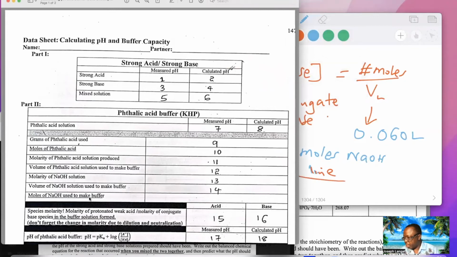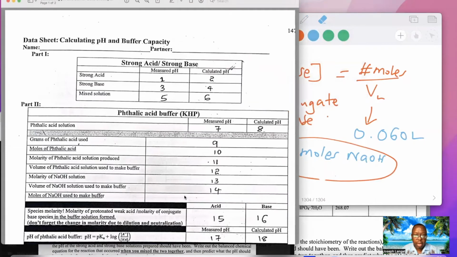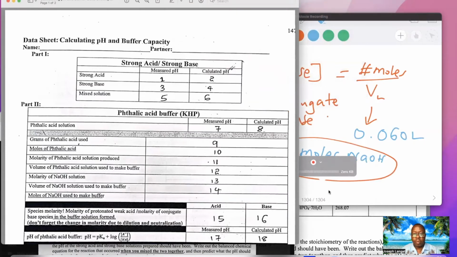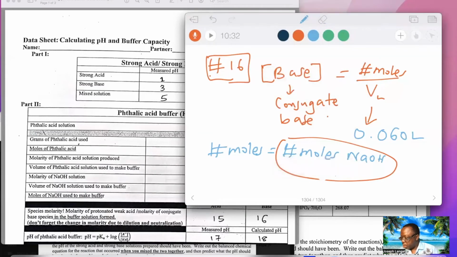I didn't number that. All right, so ignore this, but the number of moles of NaOH here is what you will have here, which I explained earlier on how to find the number of moles, which is basically 0.020 liters times molarity, which is 0.10.